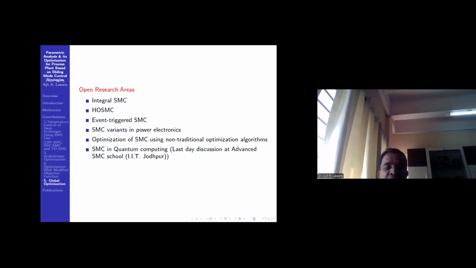He told that you can use traditional optimization, but the challenge is how to tune the particular process or hardware online without using simulation. And then SMC in quantum computing. This is the very latest, but only one candidate from IIT Dhanbad, Singh Cheng, works on quantum computing using SMC.